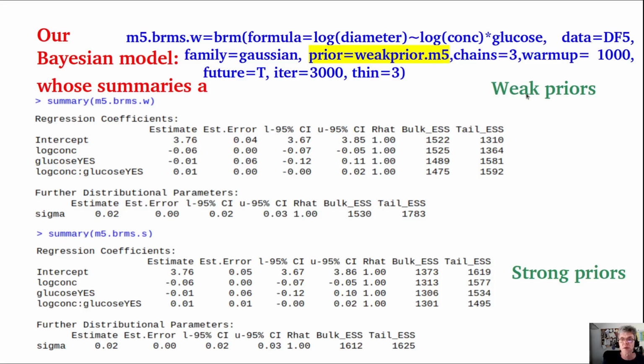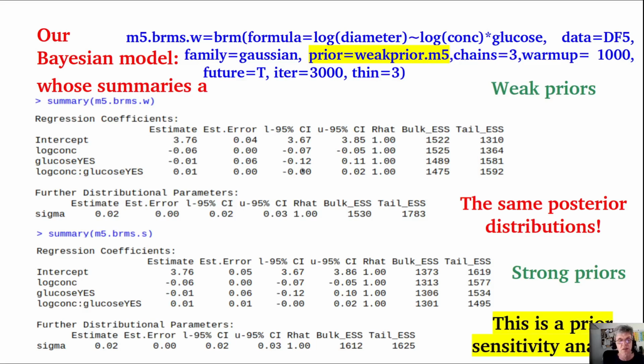This is for the weak priors and this is for the strong priors. What we see essentially is that the marginal posterior distributions of the parameters are nearly identical for both sets of priors, which means that the change in the prior does not affect the posterior distributions.